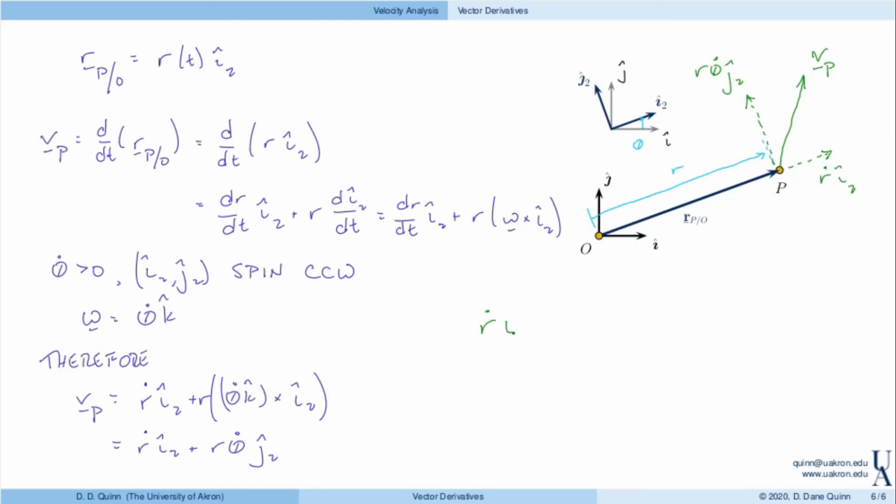Essentially, r dot in the I2 direction is changing magnitude, while r theta dot in the J2 direction is a result of changing direction.